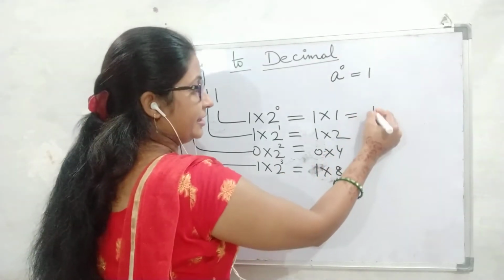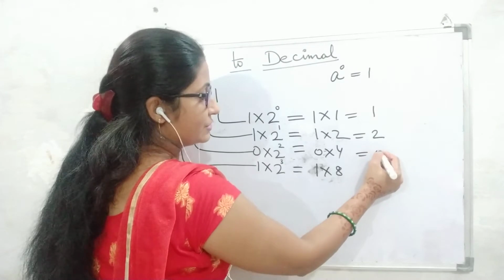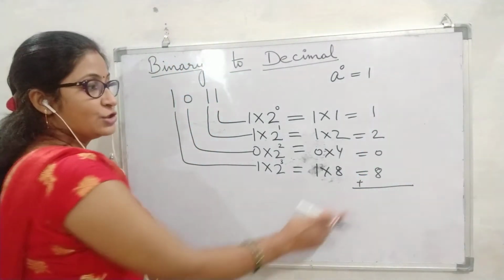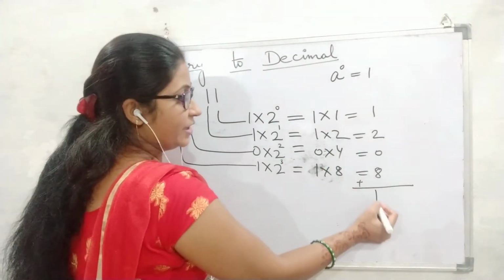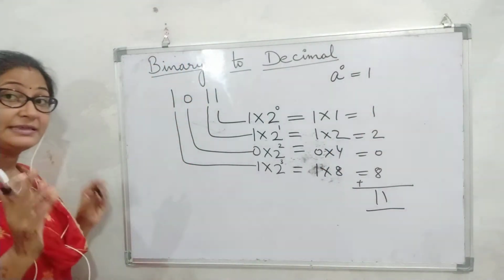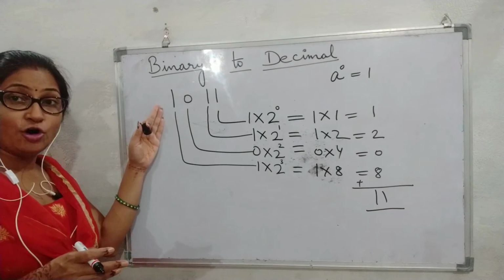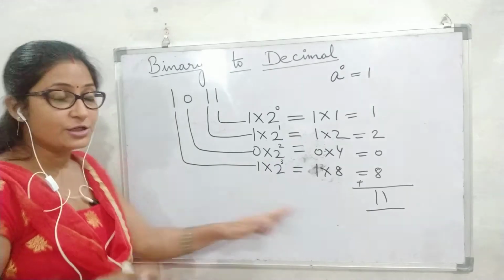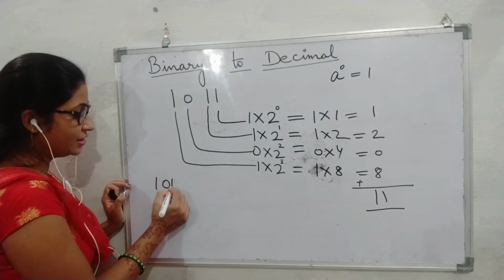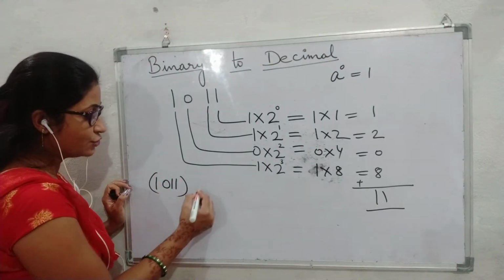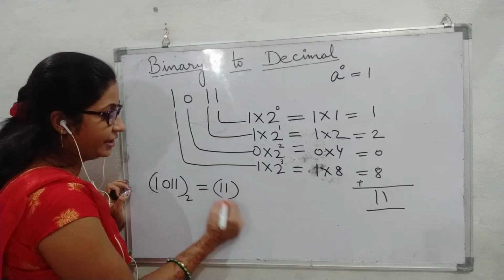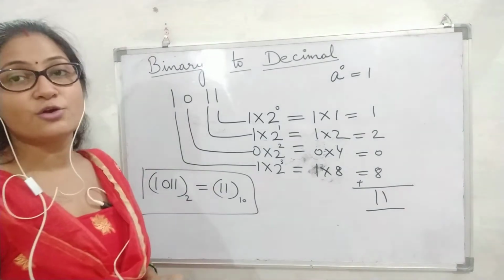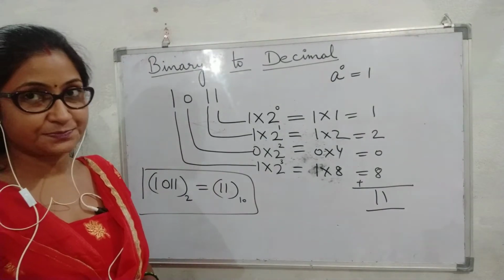Now here I get 1, 2, 0 and 8. And if now you have to add all these, so 8 plus 2, 10 and plus 1 gives you 11. That means this binary form is the conversion of a decimal number 11. So how you will write it? 1011 base 2 is equals to 11 base 10. This is how you are going to represent it.